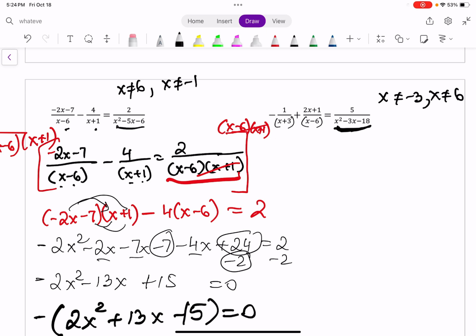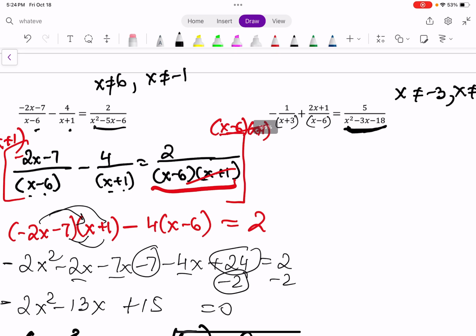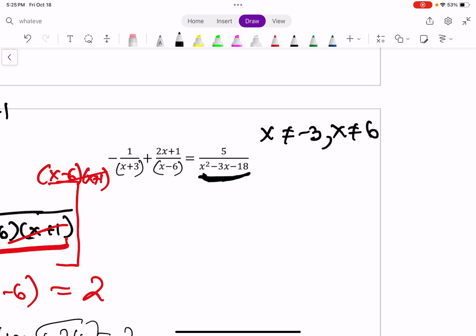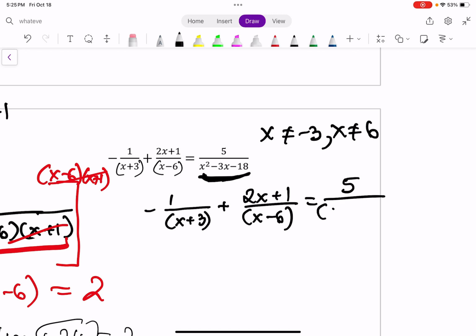Remember when we were looking for domains of rational functions in chapter 1? In other words, what is it that we can even have for an x? Well, with fractions, you want to make sure that you do not have quantities that would make your denominator equal to 0. So whatever x is, just make sure you're not substituting in a value that would make the denominator equal to 0.